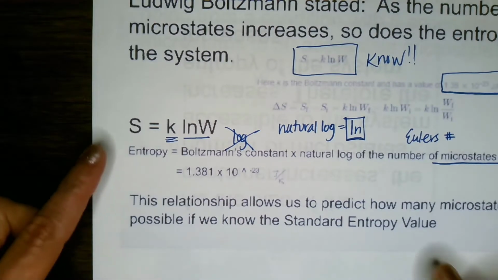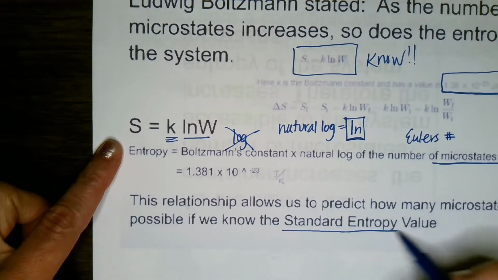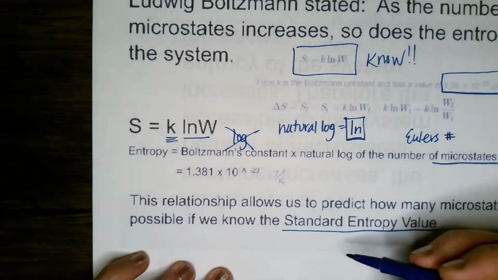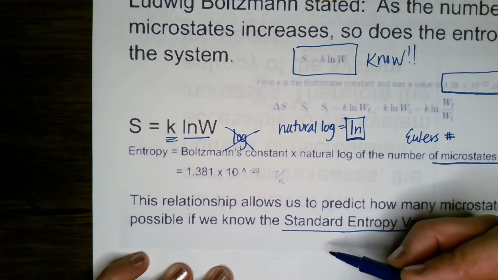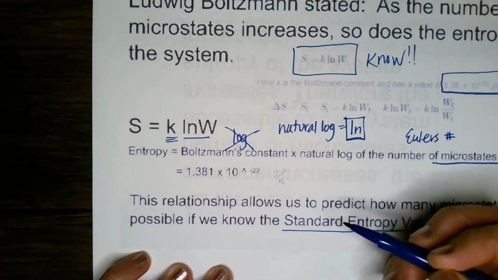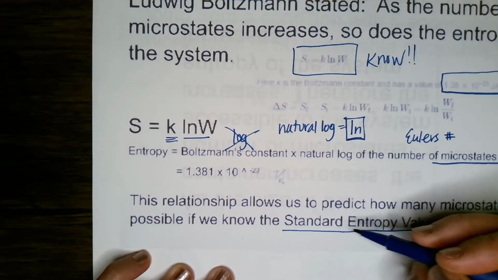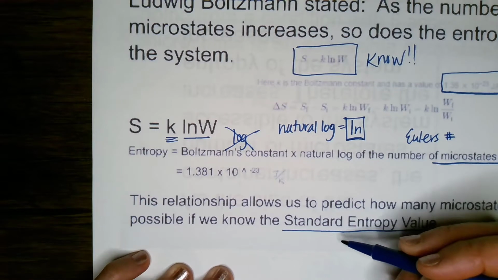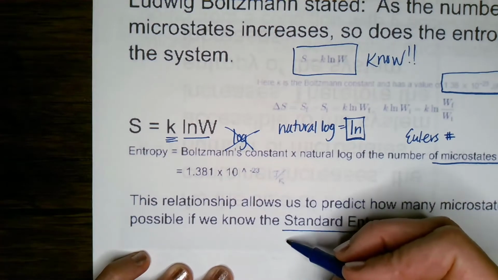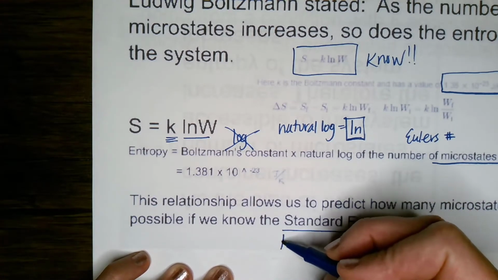And what's nice is we know all of these standard entropy values. They're all in the back of our text or the resource that I will email you, but you will be provided with it. And this has all of the thermodynamic properties.